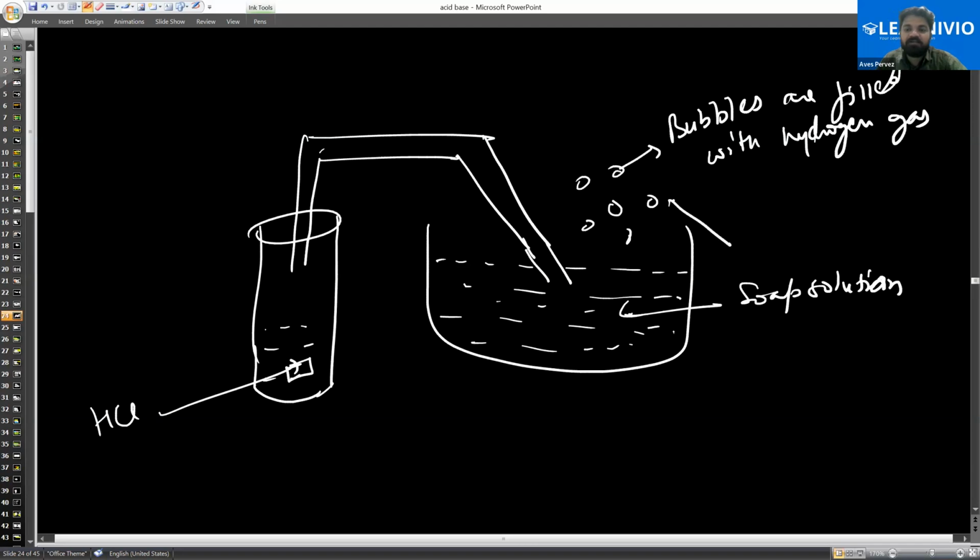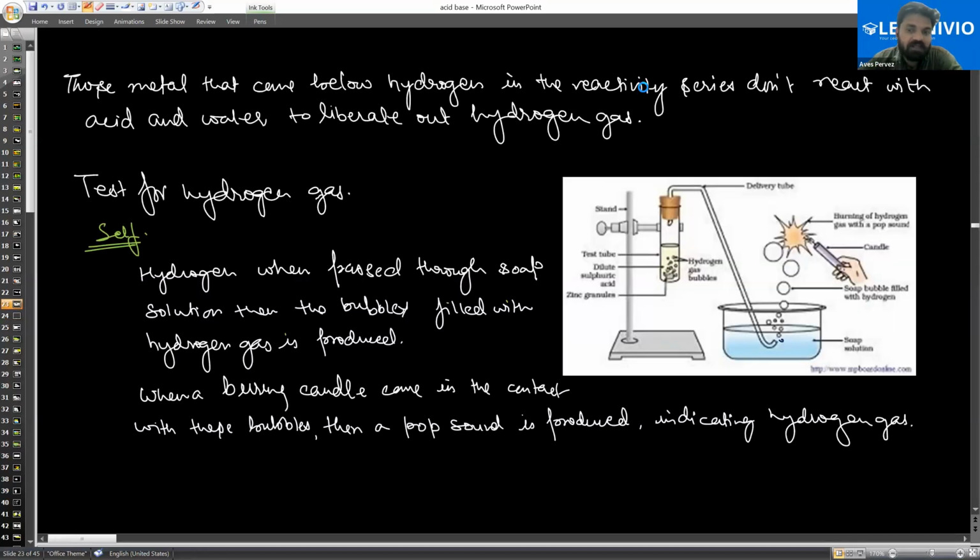So when you bring a burning candlestick near it, it burns with a pop sound. The pop sound is produced. Got it? Understood? And this pop sound is the test for hydrogen gas. Got it?